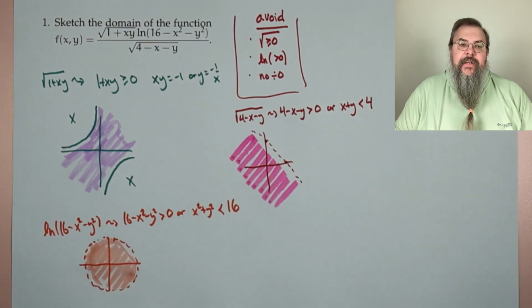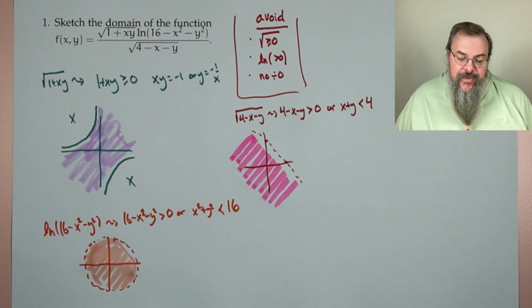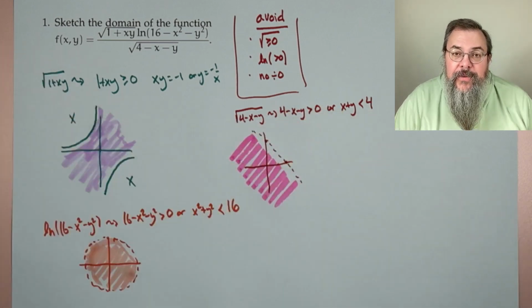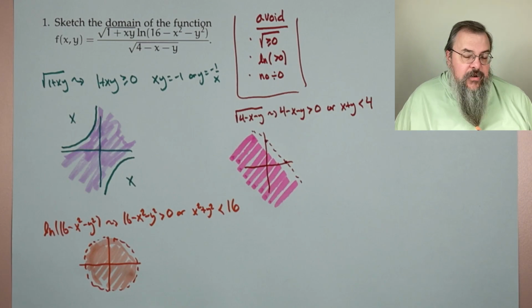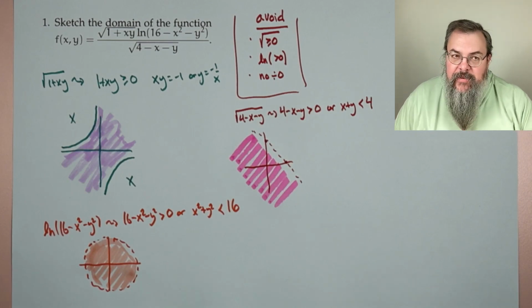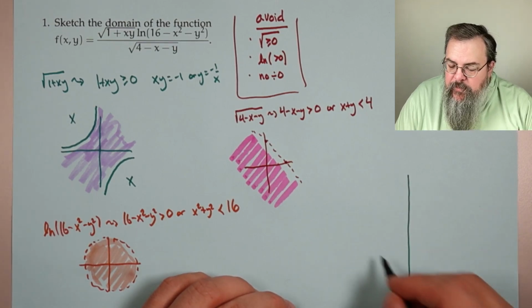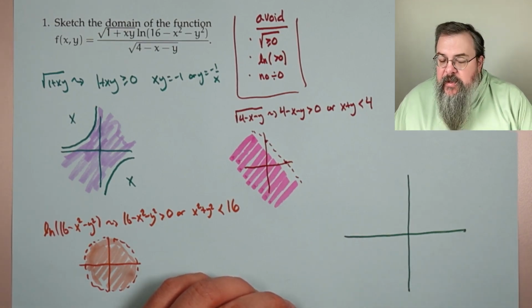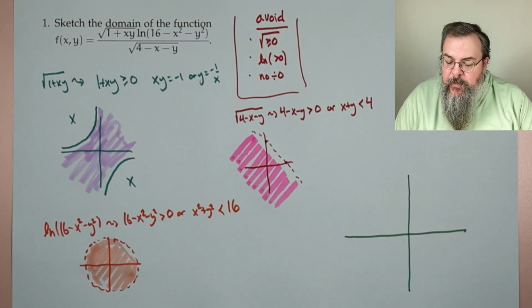All right, so now what is the final answer? We have to put all of these together. All right, so let's do that. Okay, so remember, we just have to sketch. And usually they'll give us something with a grid, so it makes it easier for us to work with.